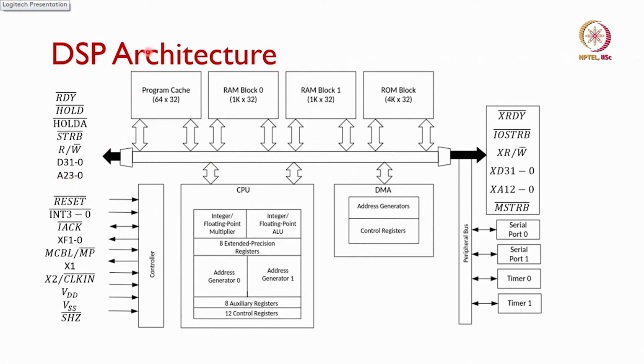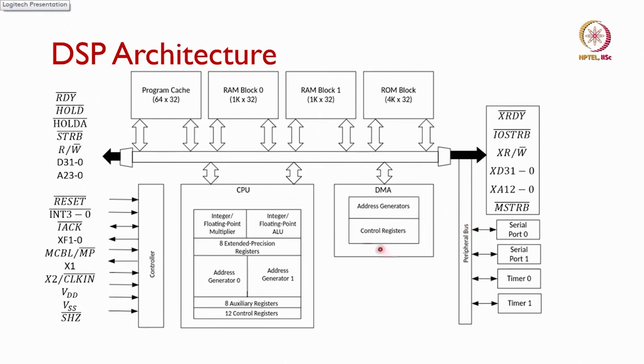And then we have something we call program cache, and this is the RAM, which is 1K into 32 bit each. So, RAM block 1 is 1K into 32 bit here, and then the ROM for storing our coefficients and everything, which is 4K into 32 bit, and some of the peripherals that you will be seeing connected here through the peripheral bus.